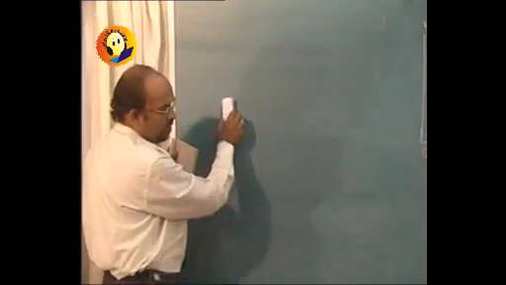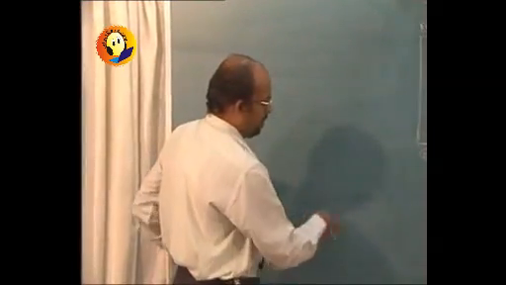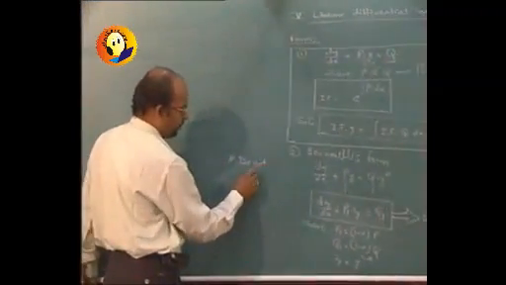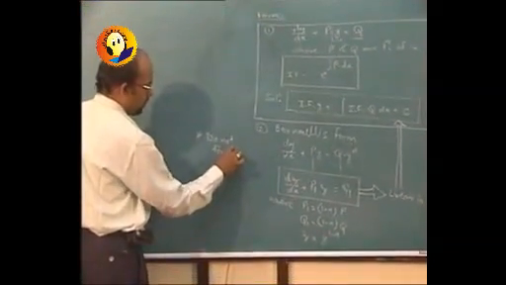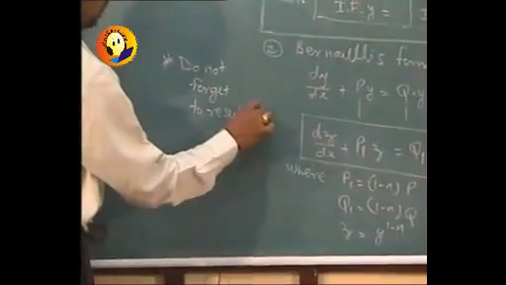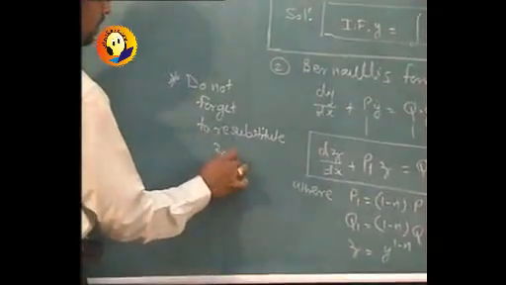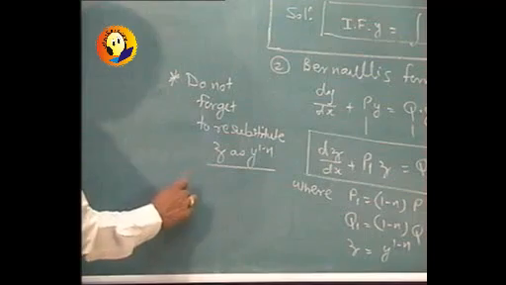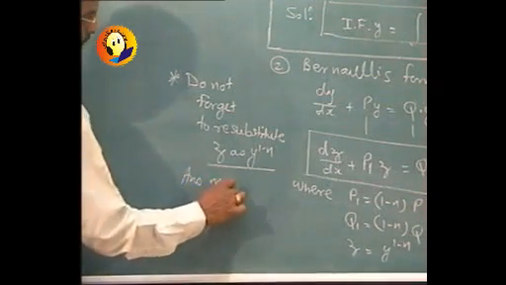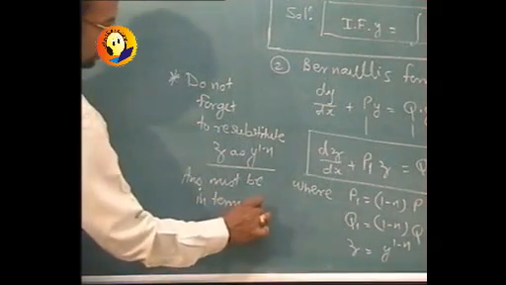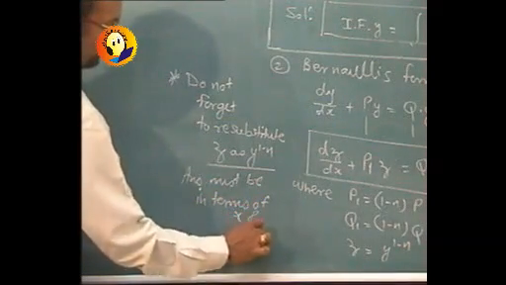Solve it by method number 1, same formula, but remember, in this case, do not forget to resubstitute z as y raised to 1 minus n, because the answer must be in terms of x and y.